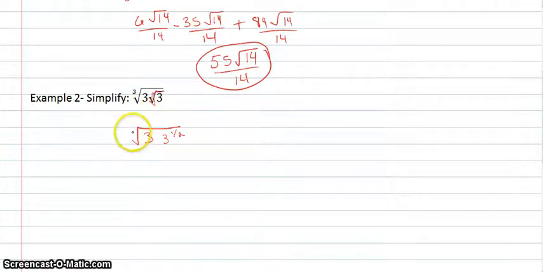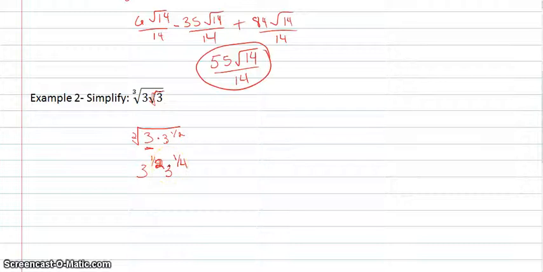And then I have to divide their exponents by 2. So I'd have 3 to the 1/2 for this 3, and then this 3 already has a 1/2 power, and 1/2 divided by 2 is 1/4.